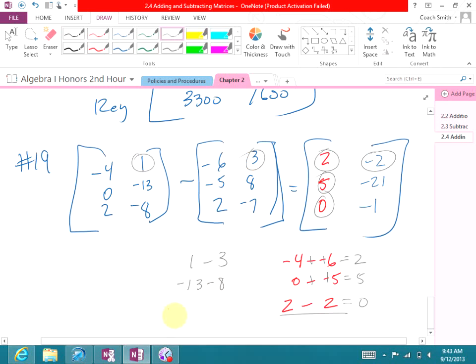Then we had -8 minus -7. So that gives us plus a negative, so that's -2. That's plus a negative, so that gives us -13 plus -8, which is -21. Then we have plus, which gives us the -1. So that's how you get those.